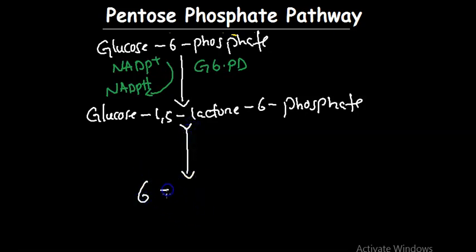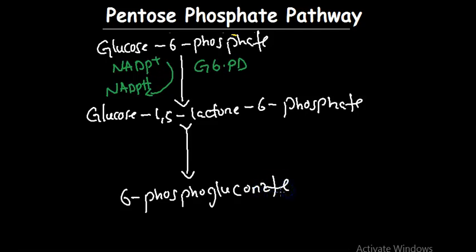Once you have the glucose 1,5 lactone 6-phosphate, at this point it can then further be converted into the 6-phosphogluconate. But to make it easier, how do we get the 6-phosphogluconate? We have the phosphate at the end on our right hand side, and then gluconate, taking this one to be the first one, then the second one, then this one should be the third one, but you have to put it at the beginning. So here is going to be 6-phosphogluconate.